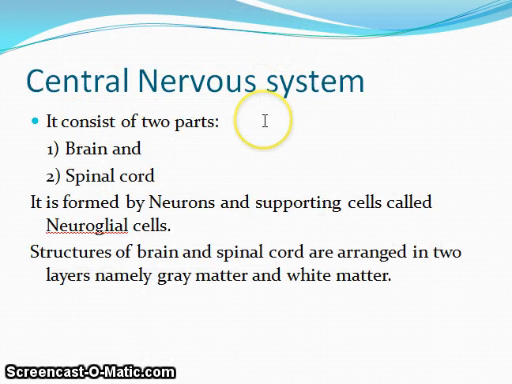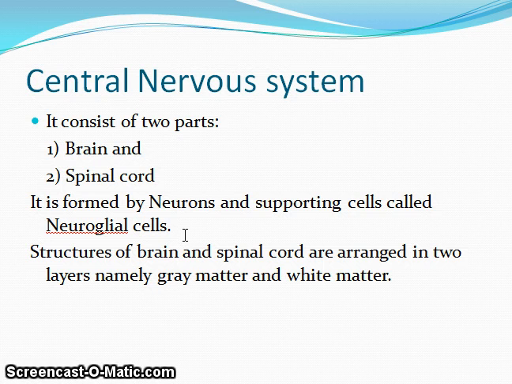Now central nervous system consists of two parts. One is brain and another one is the spinal cord. It is formed by neurons and supporting cells called neuroglial cells. Neurons are the structural and functional unit of the central nervous system.